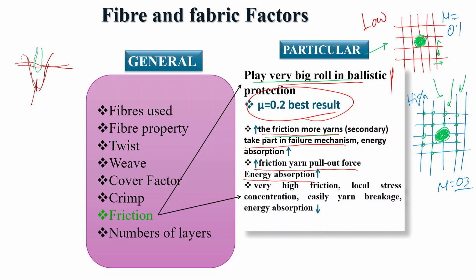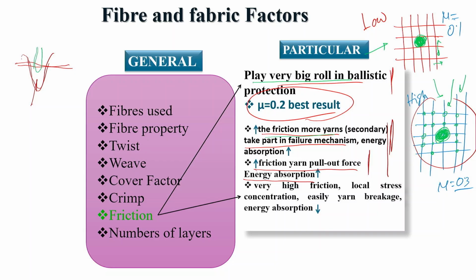So, that is why for higher friction both the higher pull out energy will be there and also the number of yarns absorbing the energy will be more. Those two advantages are there, but there is a limit.